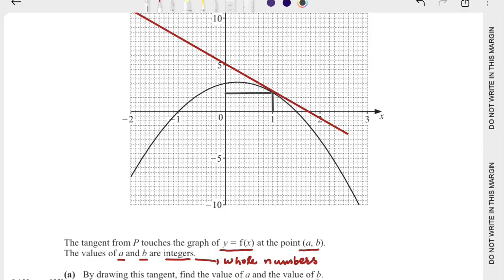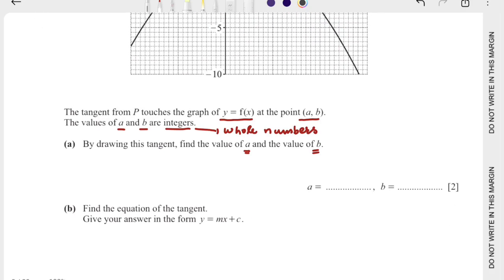As there is a gap of 10 boxes, 1 2 3 4 5 6 7 8 9 and 10, 5 divided by 10 is equal to 0.5 for one small box, so it will be 0.5, 1, 1.5 and 2. 2 would be the reading of the y-axis. So this is the value of A and this is the value of B. So the value of A is 1 and the value of B is 2.